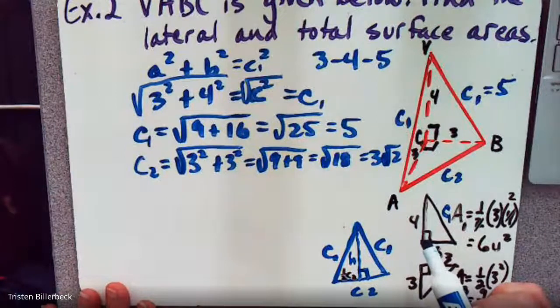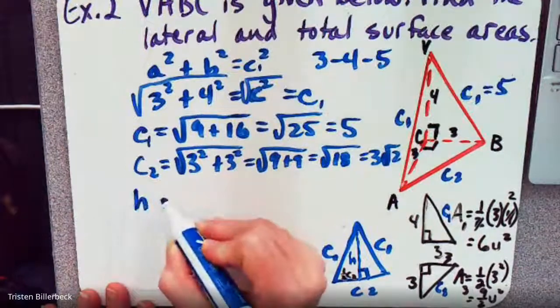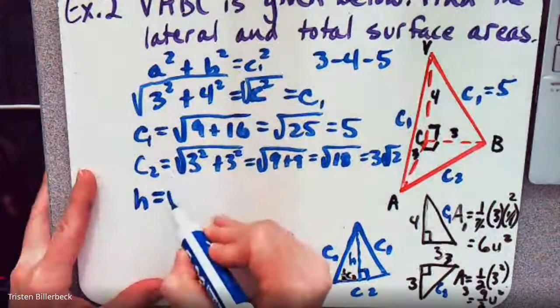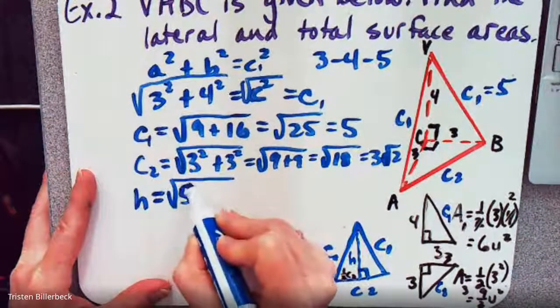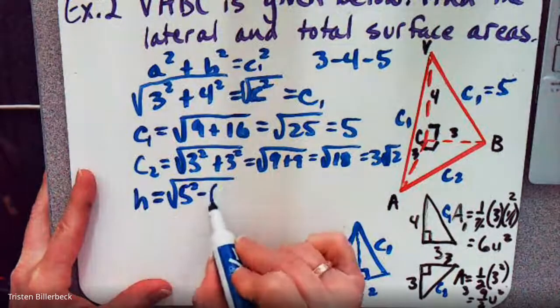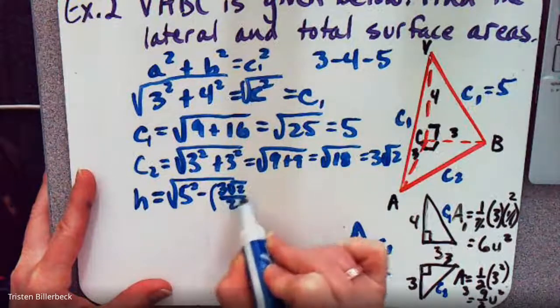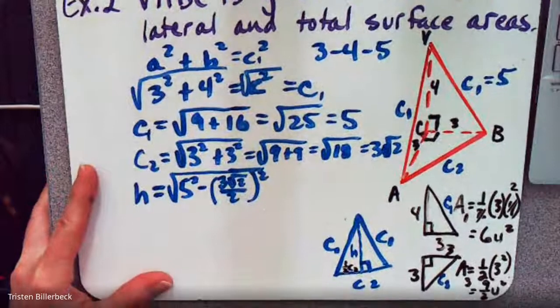All right, so we need to find H now. So H is then going to be the square root, and we know C1 is 5 squared minus, and we're going to take this 3 radical 2 over 2 squared. Oh, this is going to be so pleasant, won't it?